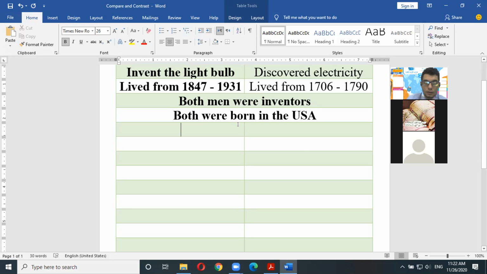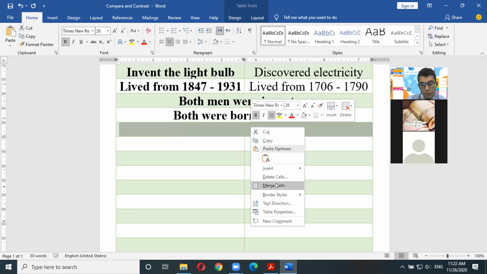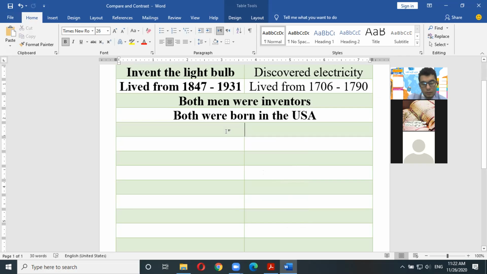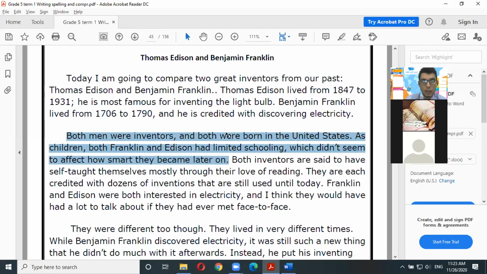What else? Both as children had limited schooling. Amazing. Very good. And this limited schooling didn't affect them.